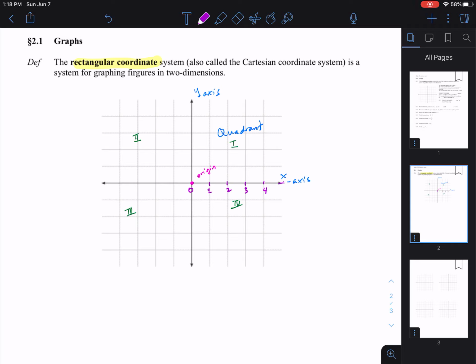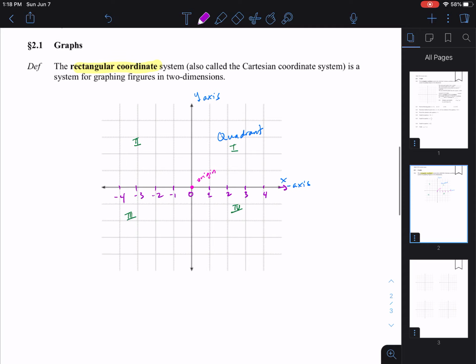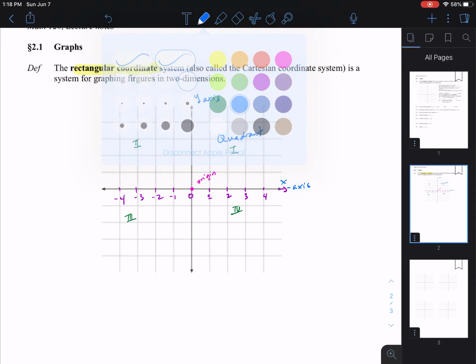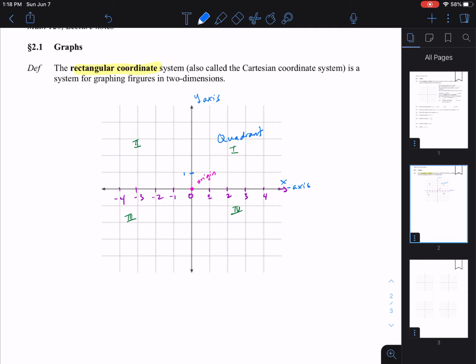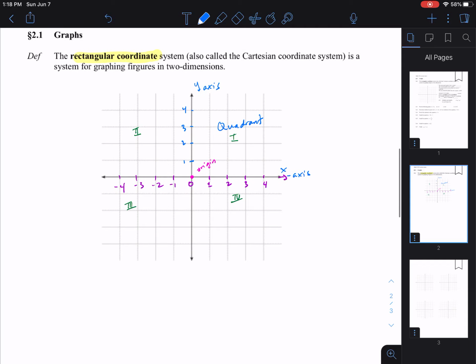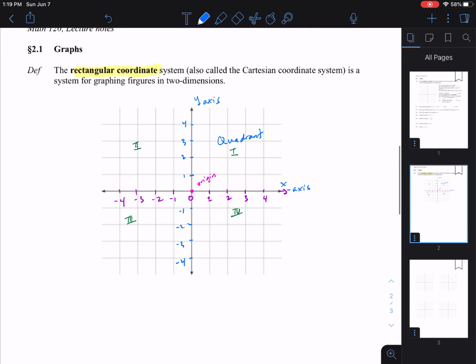This arrow means it's gonna keep going indefinitely. And here we have negative 1, negative 2, negative 3, negative 4, right? And then on the vertical axis, we have a positive on the top, 1, 2, 3, 4, and so forth, and then negative in the bottom. Okay, here it is. All right.